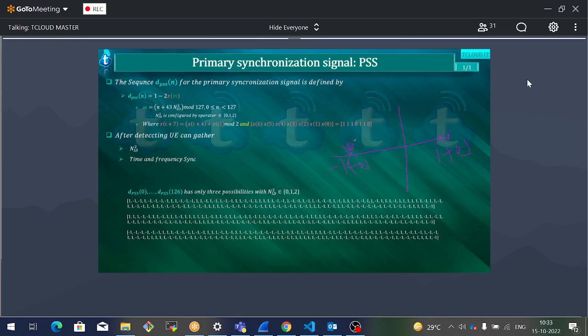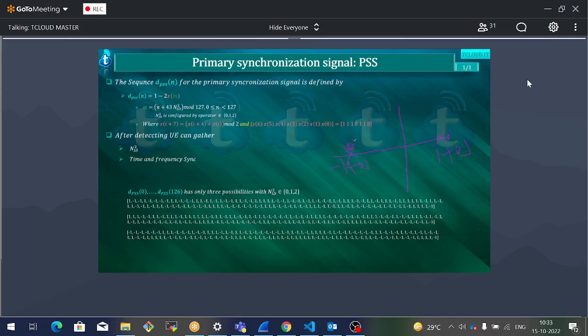In QPSK or 16 QAM or anything else, definitely we have some theta in other modulations. In BPSK, we use 45 degrees and 225 degrees symbols. In QPSK, we use 45, 135, 225, 315 degrees theta, the angular modulation. Here we don't have angular; it is almost on the x-axis because the imaginary parts are 0 in these special symbols.